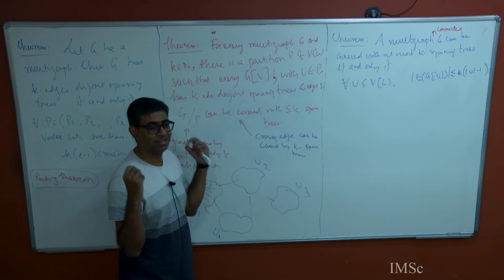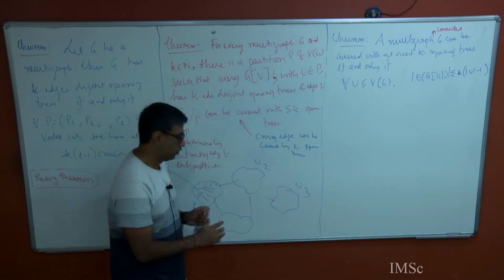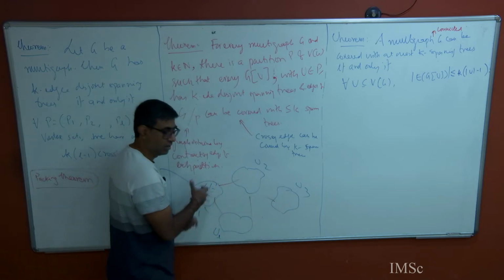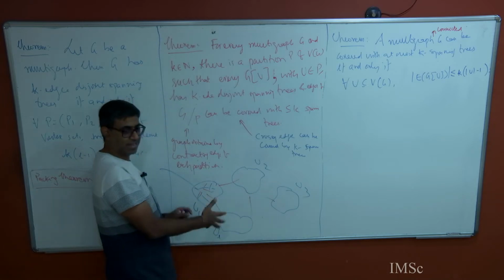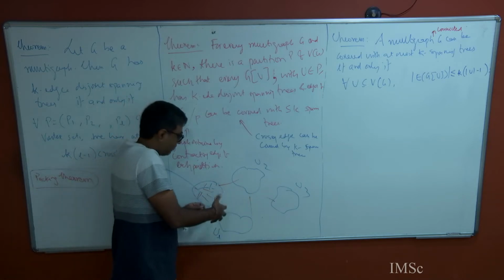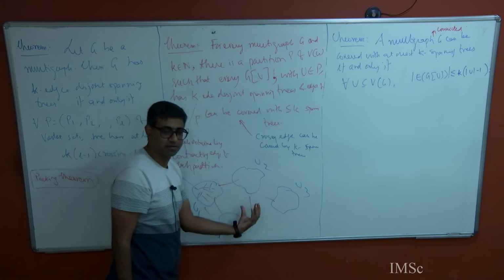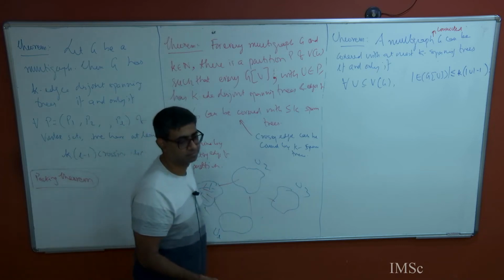You are able to support k edge disjoint paths, one in each tree, which implies that each of them is k edge connected. And across, they cannot be k edge connected, or if I can disconnect some of these things with much fewer edges, because across edges are much fewer.